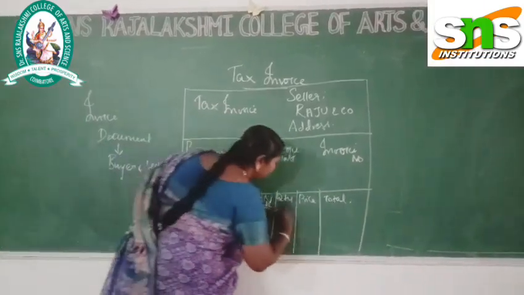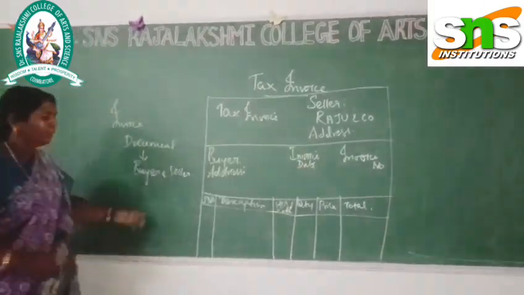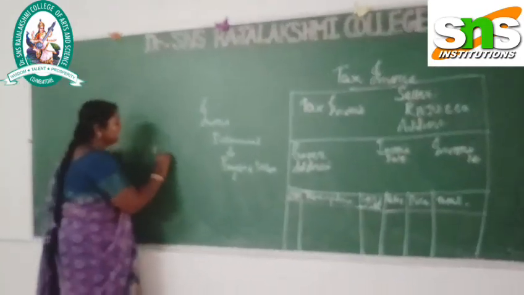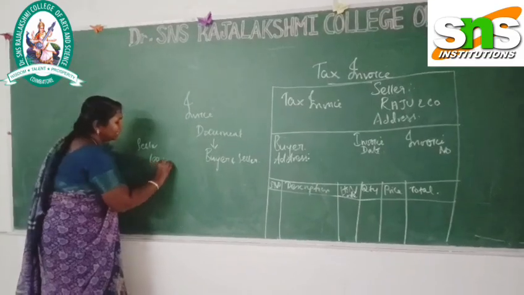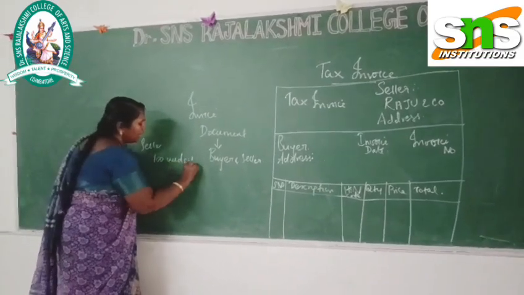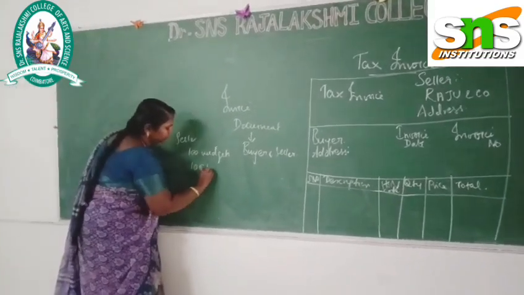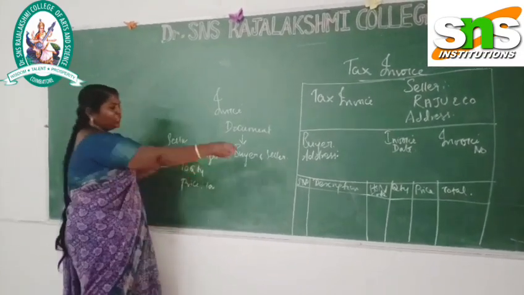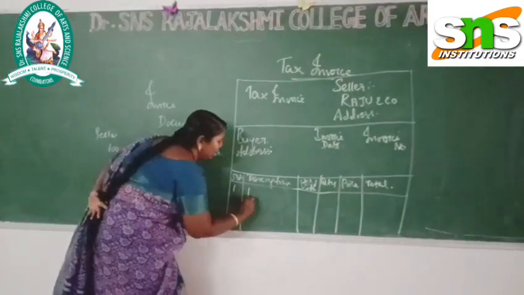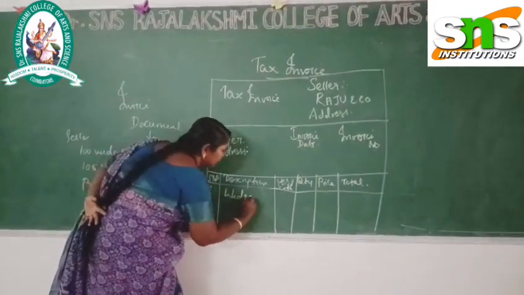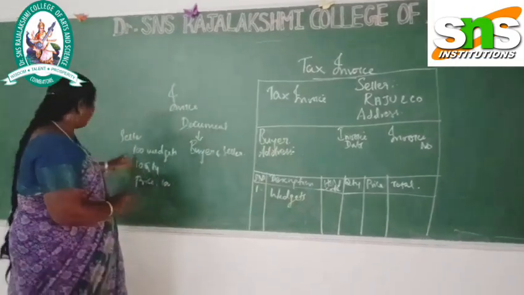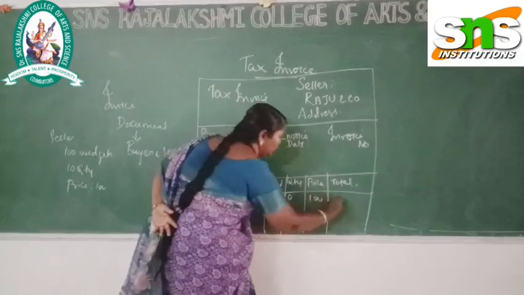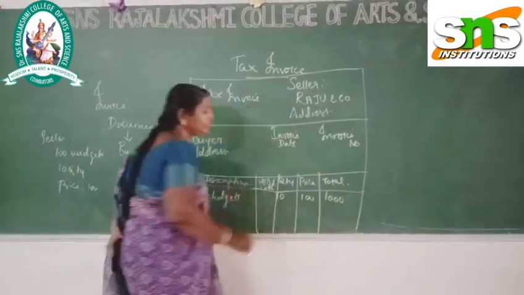For example, the seller is selling goods, 100 gigabytes, and the quantity is 10. The price per unit is 100. So we mention here that they are buying this gigabyte. The quantity is 10, the price value is 100, so the total is 1000.